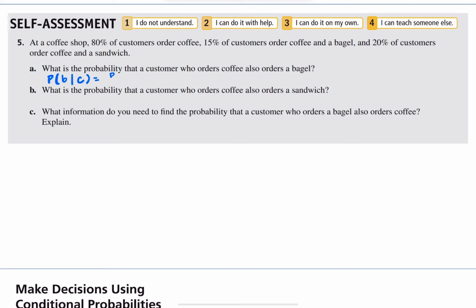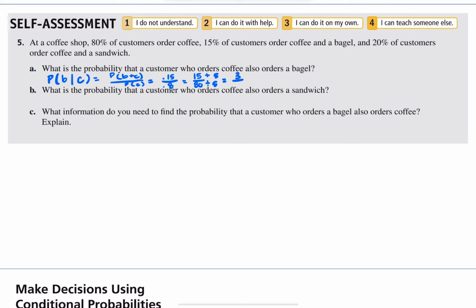So I want to find the probability that they ordered a bagel and coffee over the probability that they ordered coffee. So bagel and coffee, that's 15%, 0.15, over just coffee is 80%, 0.8. We can rewrite that as 15 over 80, which we can simplify down by dividing by, I think, 5.